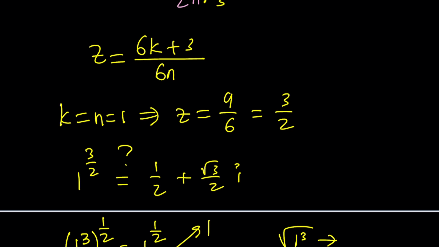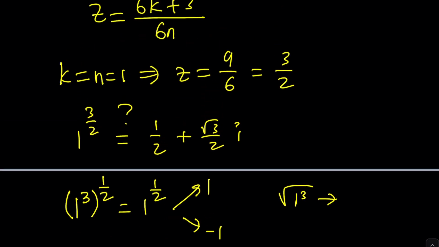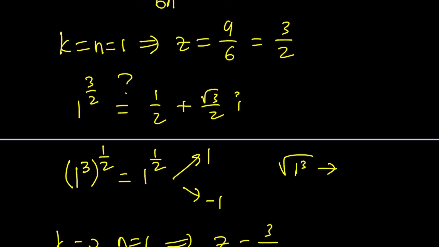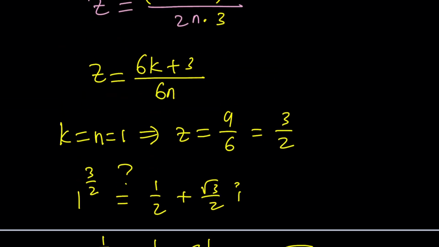How about k equals 0 and n equals 1? k equals 0, n equals 1. That should give me z equals 3 over 6, which is 1/2 again. I don't think that's going to work. So my goal is to get something nice. Let me think about it.